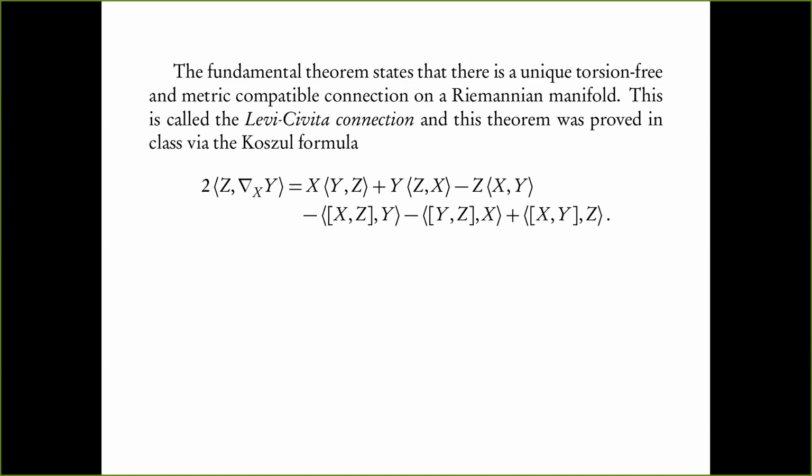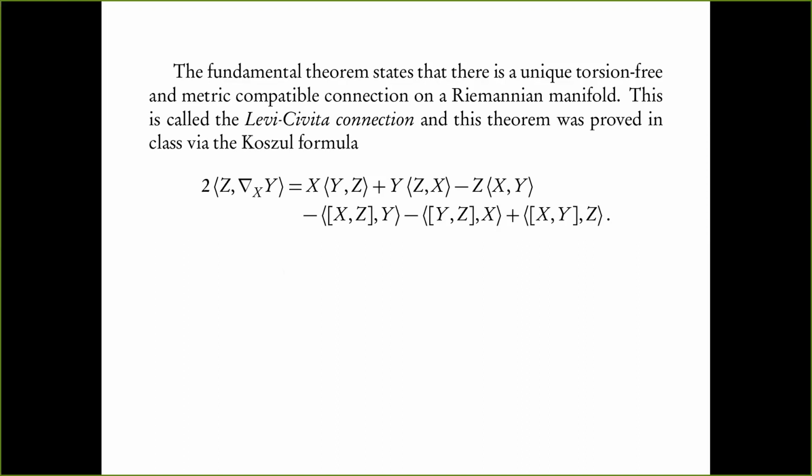So it basically determines the connection implicitly by saying that the inner product of the connection with any vector field Z is given by the right hand quantity, which has 6 terms involving Lie brackets and inner products of the 3 vector fields X, Y, and Z. Okay.